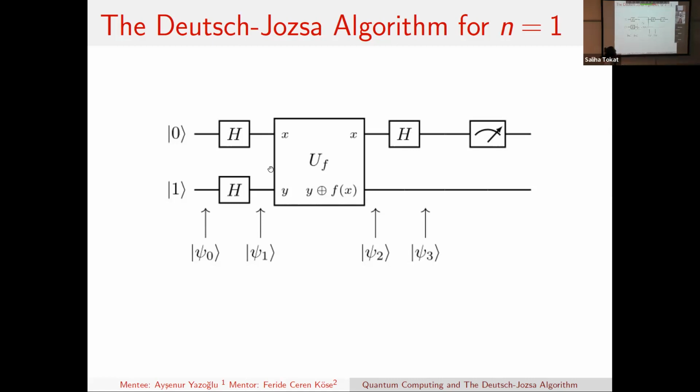So U_f means a unitary matrix relating to function f. What U_f does is map x and y, which are outputs of Hadamard, respectively to x tensor product y mod 2 sum f(x).